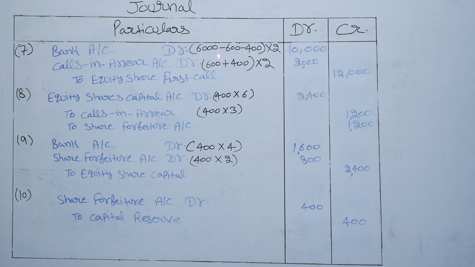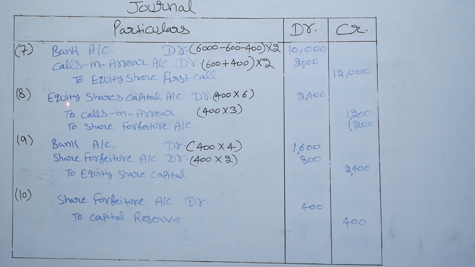So remaining number of share is 5,000 into 2 rupees per value of share first call. So in this way we get 10,000 rupees. Next, calls in arrear account debit. So on 600 and on 400 shares we did not receive first call money. So total number of share is 1,000 into 2 rupees per share. So total is 2,000. So total value is 12,000.